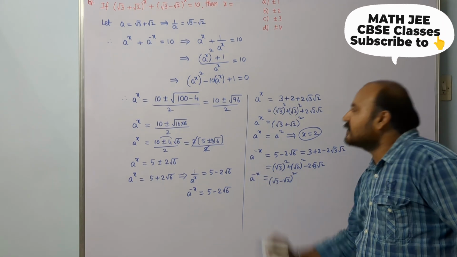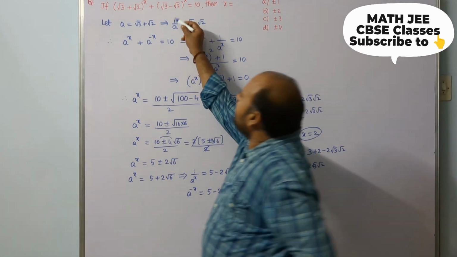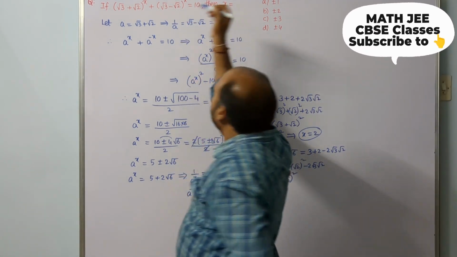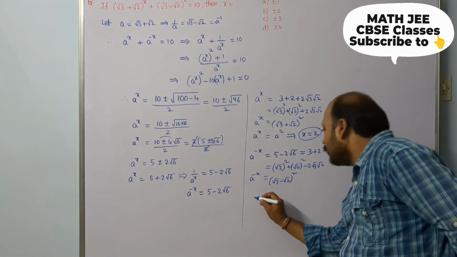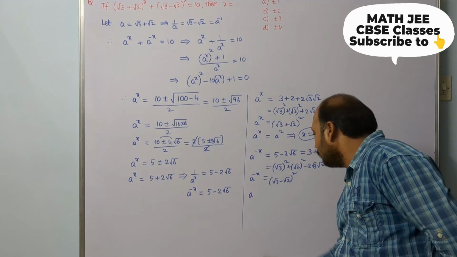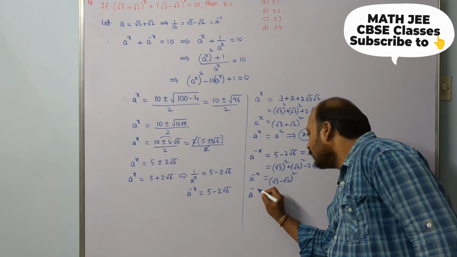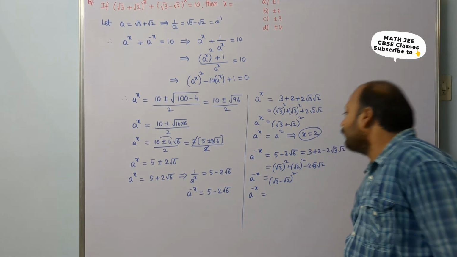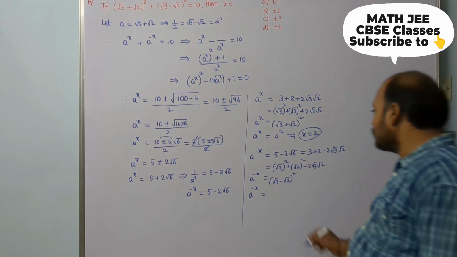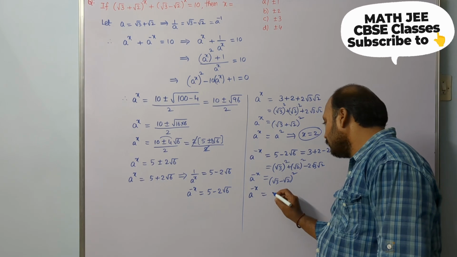A power minus x, so 1 by a means, dear students, that is equal to a power minus 1 itself. So a power minus x equal to root 3 minus root 2 is also a power minus 1.